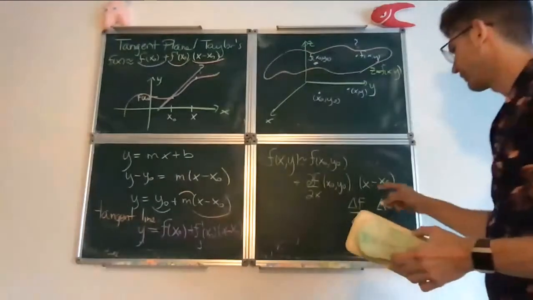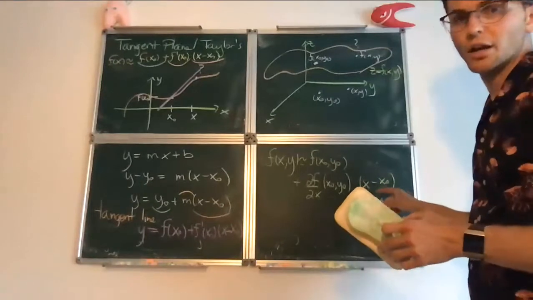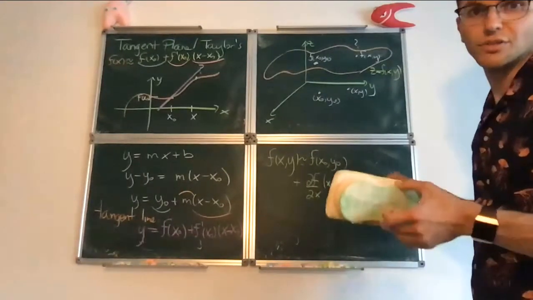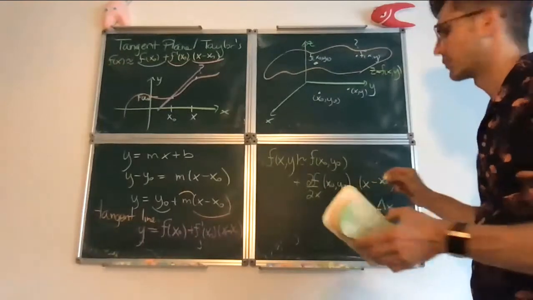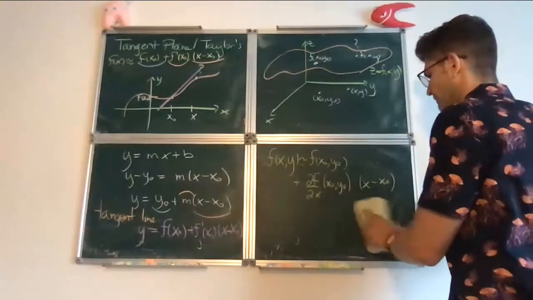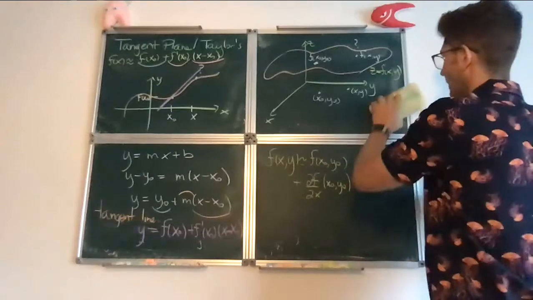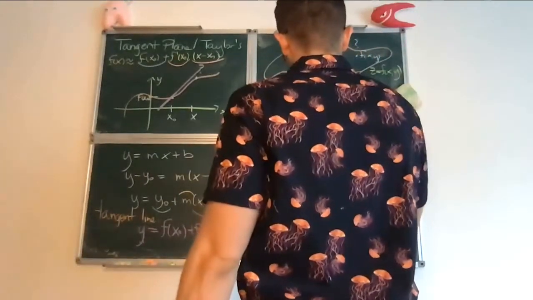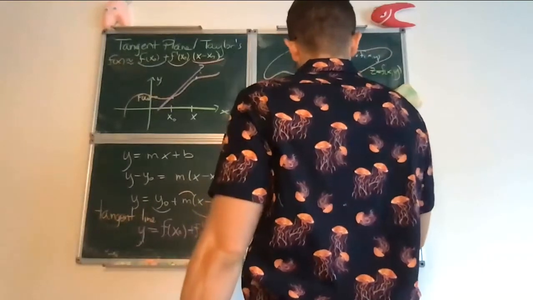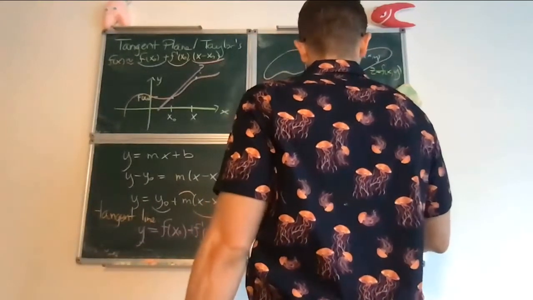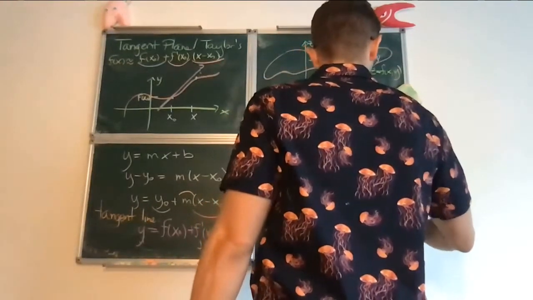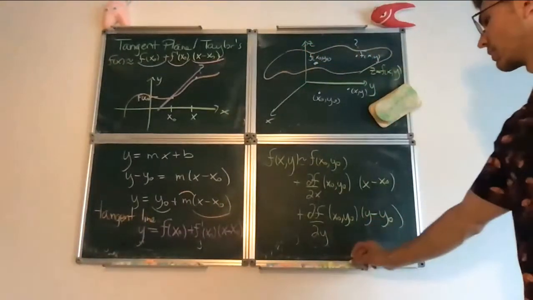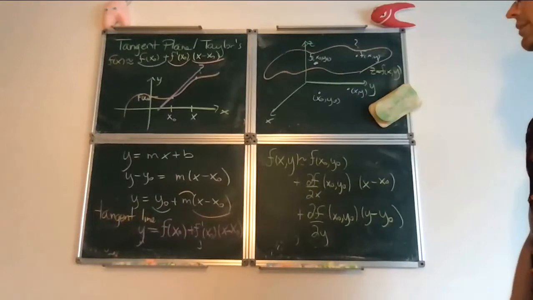If you put here y minus y naught, you get delta f over delta x times delta y, which does not have a useful interpretation in that sense. And then you can put here the partial with respect to y times y minus y naught.